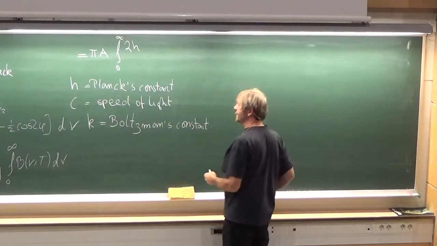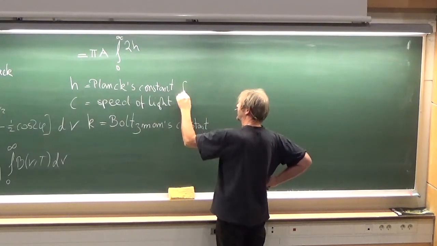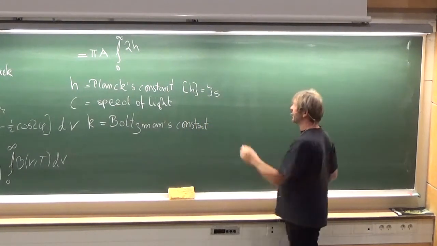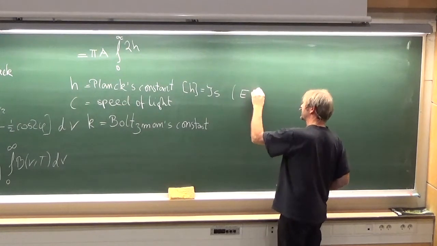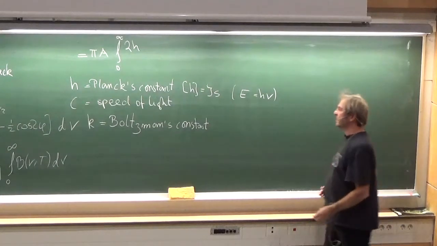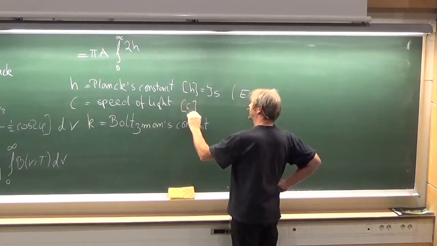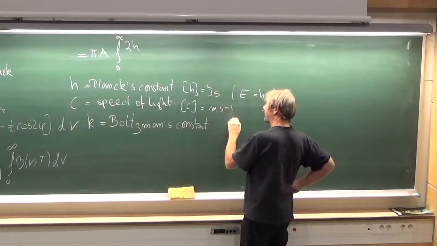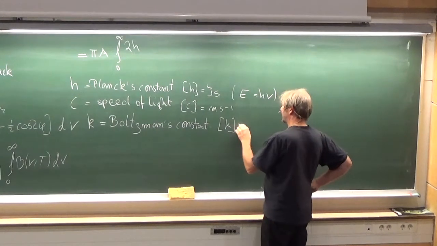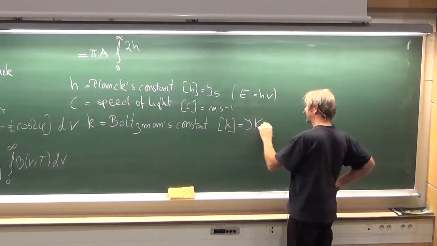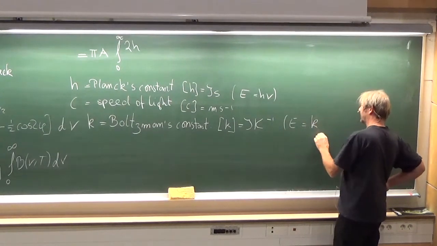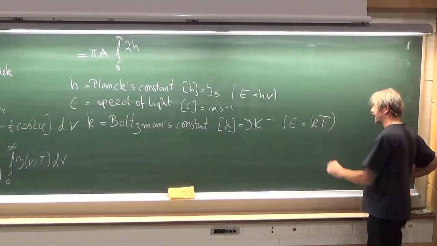This Planck's constant has a unit of joule seconds. That's because we have this energy equals hv for a single photon. Speed of light is of course speed. And Boltzmann's constant is joules per Kelvin. That's what energy is, times T.